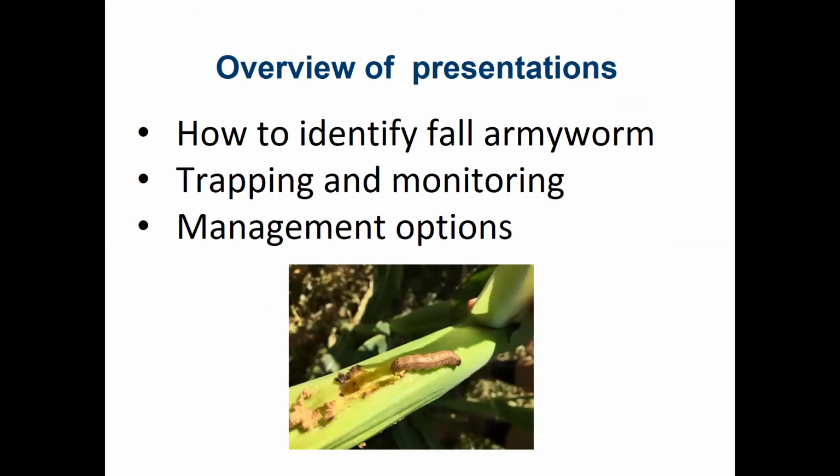The fall armyworm is now here in Australia. We have determined that it is not eradicable, and so we are going to have to learn to live with this insect. Therefore, it's going to become really important for all of us to identify fall armyworm, learn how to trap and monitor it, and then develop management options.